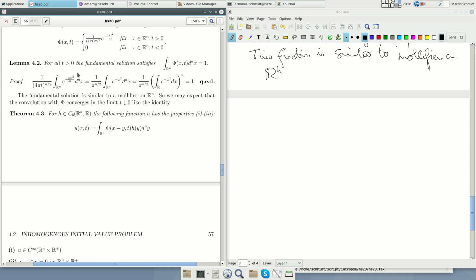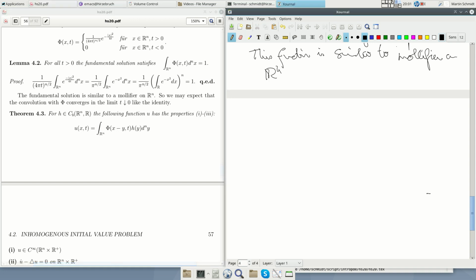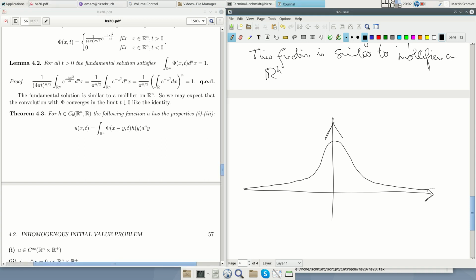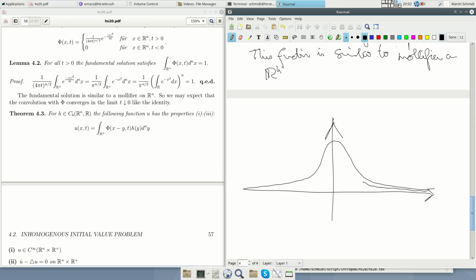Yeah, and of course this function here, if we draw a picture, x, here 0, then it looks like this, and the smaller t becomes, the steeper becomes the function.